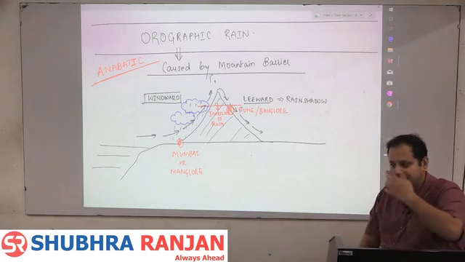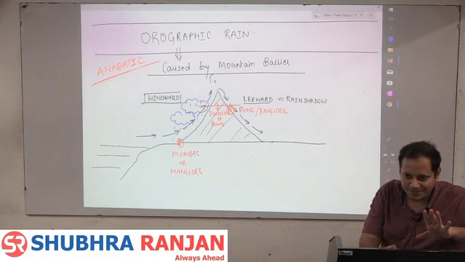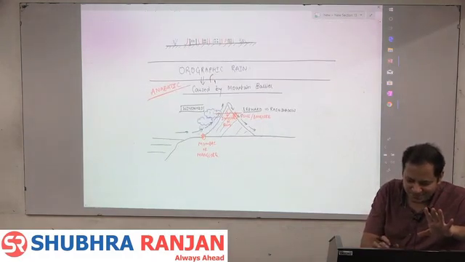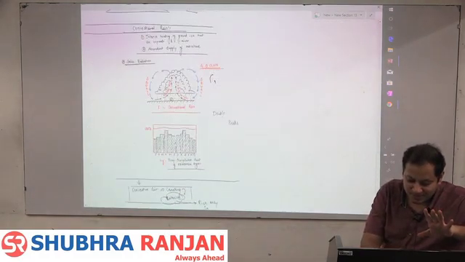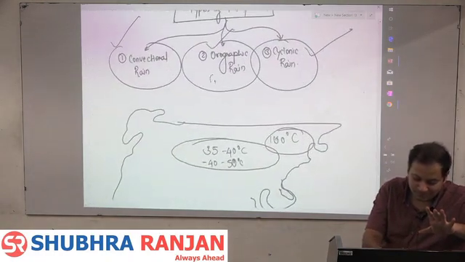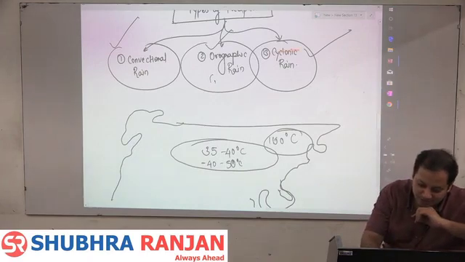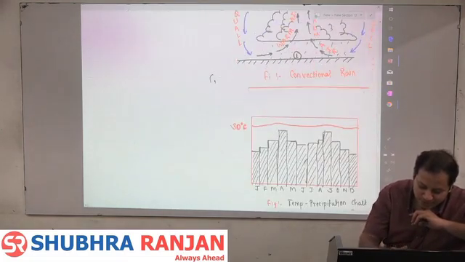Getting it? Clear? See, there are three kinds of rainfall: convectional, orographic, cyclonic. When we say cyclonic, it means frontal.